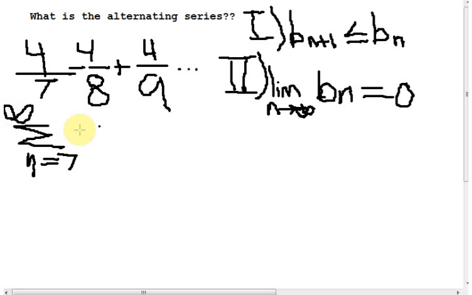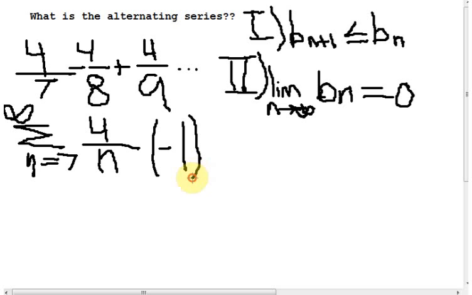And the bn term would be 4 over n, because we're starting from 7. And the alternating part of this sequence would be negative 1. To an odd power it would make the term negative, and to an even power it would make the term positive.